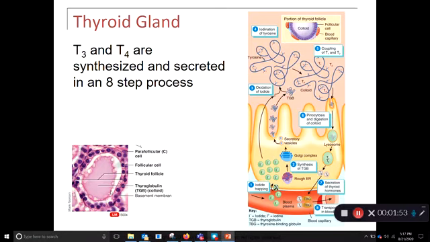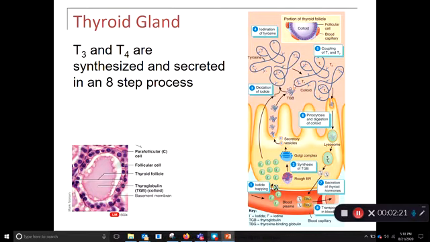Now, what it looks like in cartoon form is this. Here are the nice little square tiles of the pool. There's the nice liquidy pink gelatin, and then there's the blood right on the outside. If thyroid stimulating hormone comes along and says, it's time to keep on building this stuff, then the blood is going to keep on bringing iodine. It's going to be mixed into the pink pool of goodness.